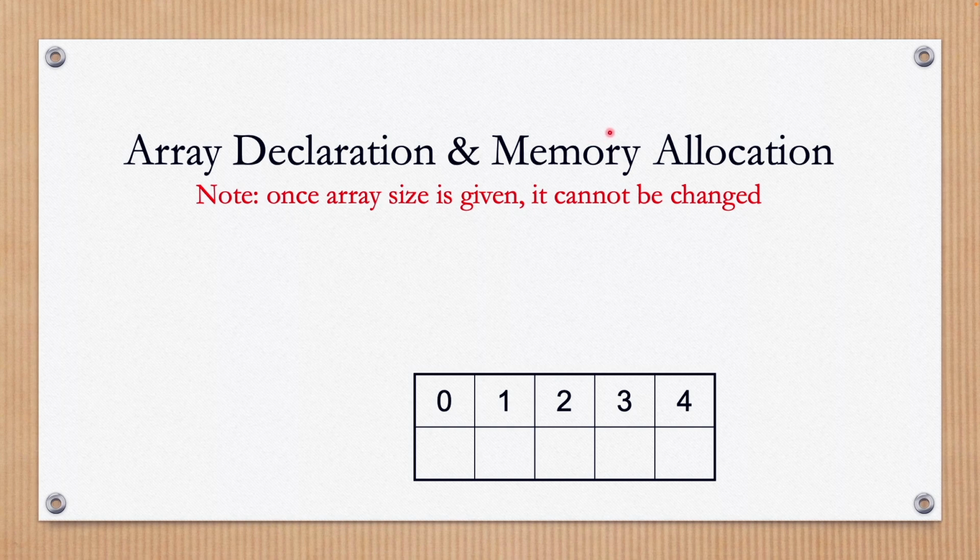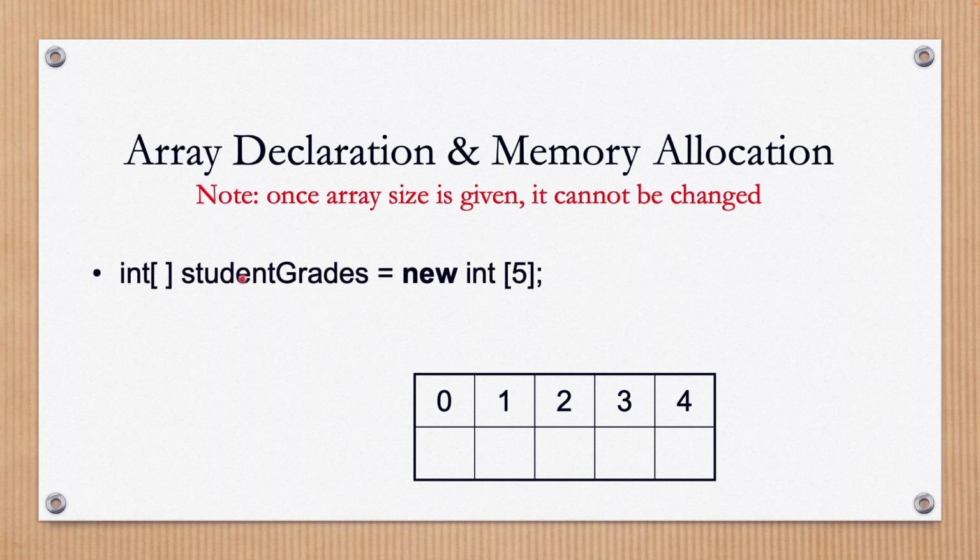So let's take a look at what's actually happening at the time of array declaration and memory allocation. One thing that you need to note is this: once array size is given, it cannot be changed. So the size of the array will stay the same. Let's take a look at an example over here. int[] studentGrades = new int[5].